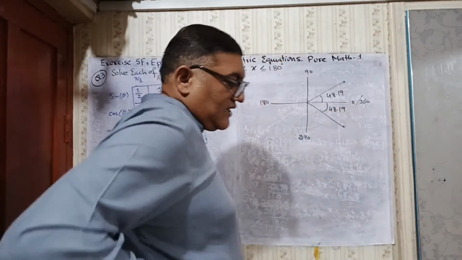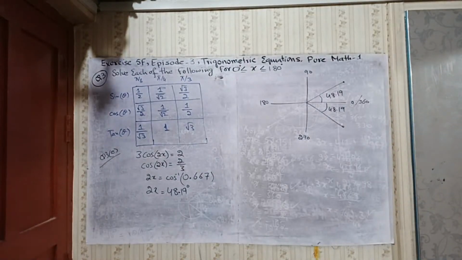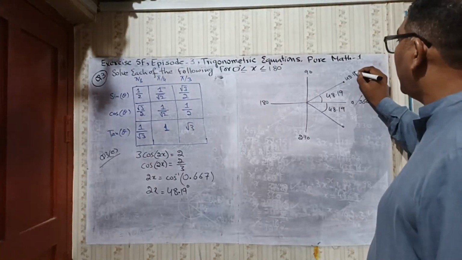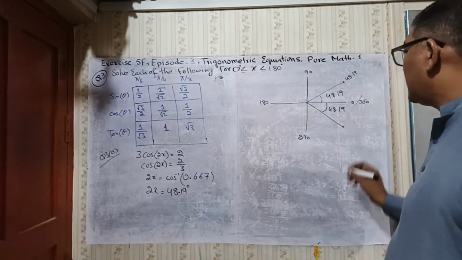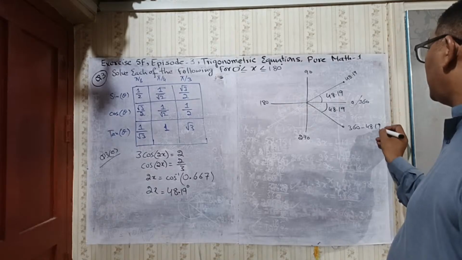Why am I taking the first quadrant and the fourth quadrant? Because cos 2x is equal to positive 2 by 3, and the positive cos is in the first quadrant and the fourth quadrant.